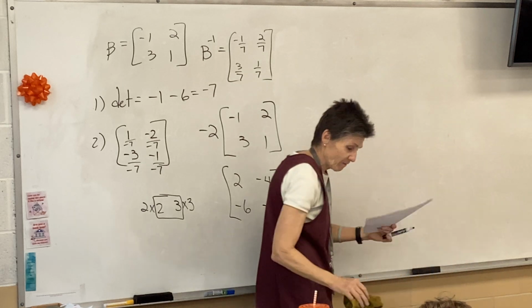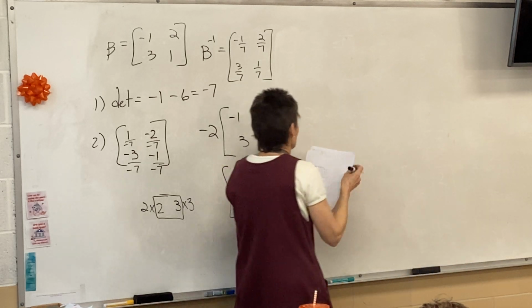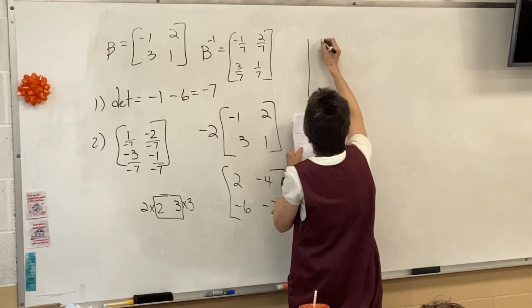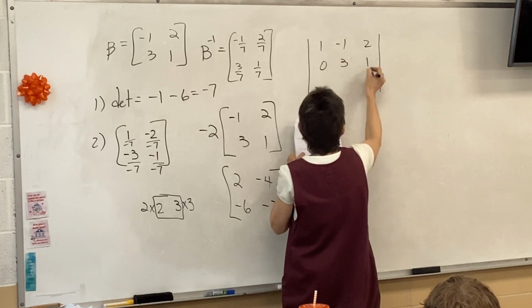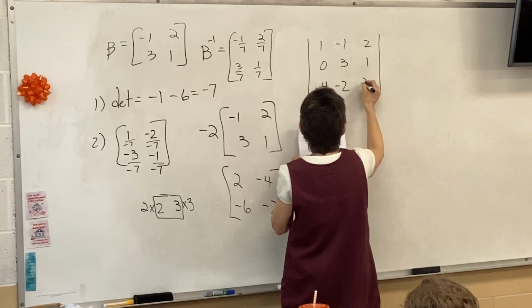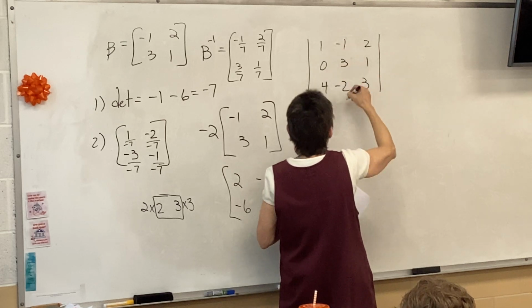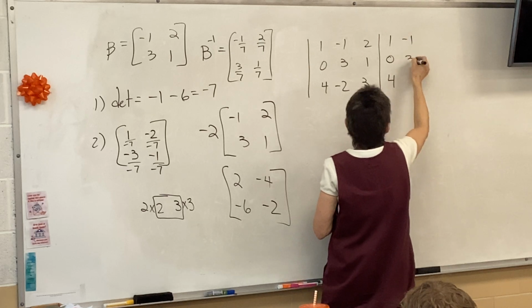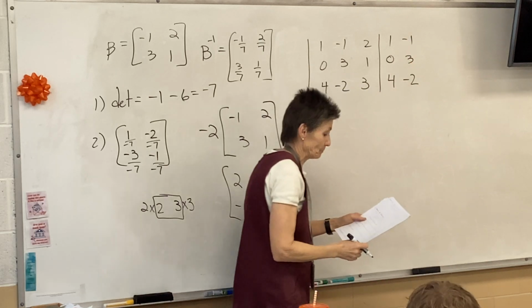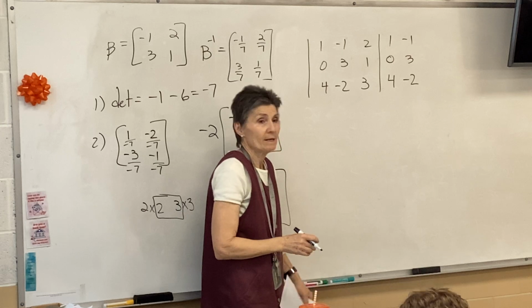All right, here we go, number 5. This is a big one. Who remembers how we do number 5? Rewrite the first two columns, yep, and these are columns. So 1, 0, 4, -1, 3, -2, right?